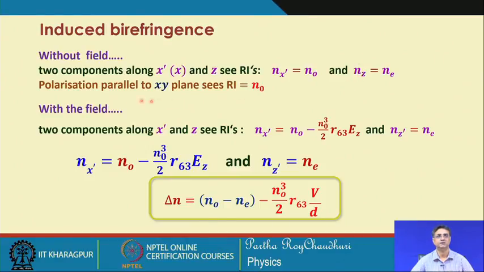So, polarization parallel to the x y plane sees refractive index n 0, and the other sees n e. Now, with the field you have seen that because of this external field E z, your n x dash is modified with the incorporation of this quantity, which has come from the diagonalization or the axis rotation of the crystal.